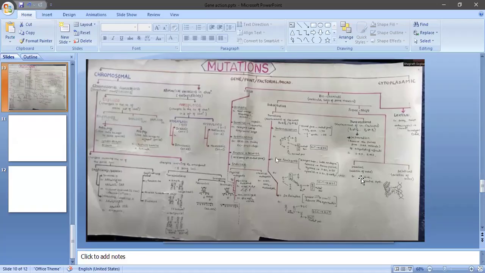So it also alters the polynucleotide sequence, by deletion or insertion of nitrogen bases, which is generally caused by acridine dyes, that is 5-aminoacridine or proflavin. These are called intercalating substances. By this, I will finish the biochemical mutation part.